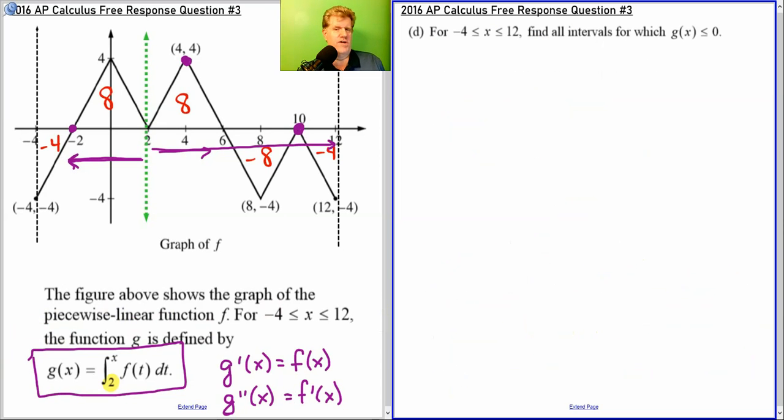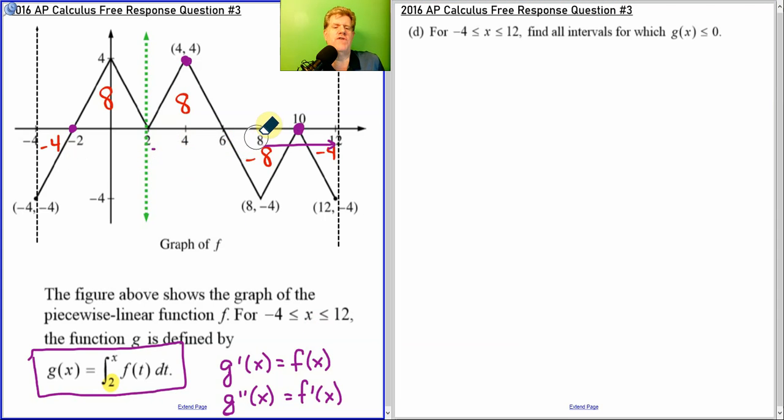And it can be thought of logically, and it can also be calculated. So we're going to do the same principle that we did last time. We're going to talk about directions and see if we can calculate these. So what intervals is g negative?